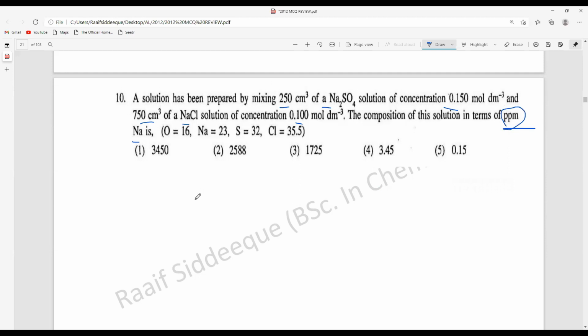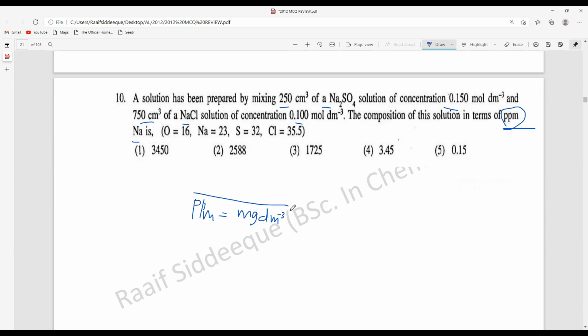At your level, parts per million, in general, we say that is the milligrams of the compound per decimeter cubed.